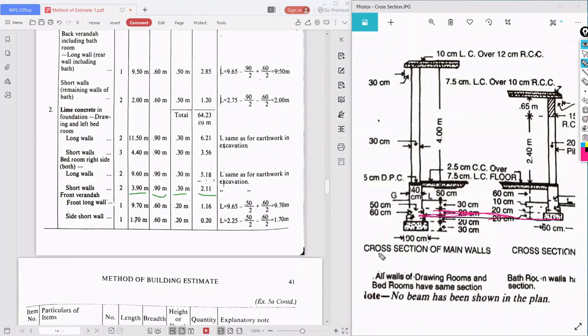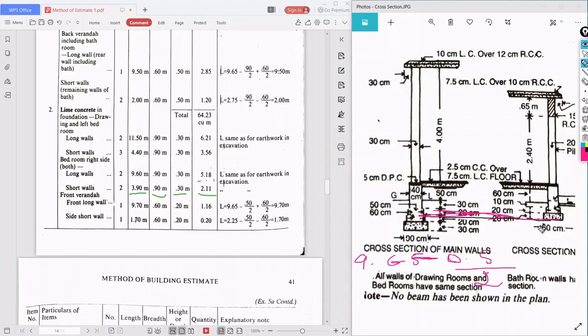So 9.65 is the center to center length. It is going to connect with the 30 centimeter wall. When it is connecting, which width should we minus? We have to minus the second footing width, that is 50 centimeter, that is 0.5 by 2.